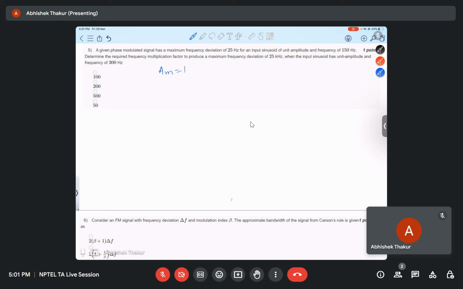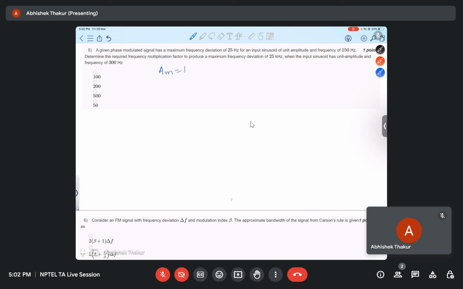The frequency of 150 Hz is given for the input sinusoid. Determine the required frequency multiplication factor to produce a maximum frequency deviation of 25 kHz when the input sinusoid has unit amplitude and frequency of 300 Hz.